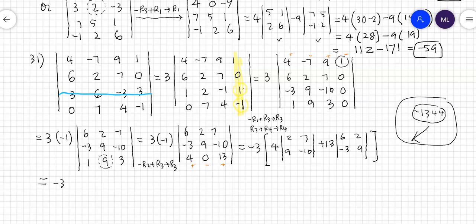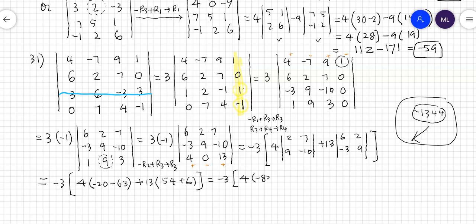So negative 3, 4 times negative 20 minus 63, oh my god, 13, and then 54 plus 6. So this is negative 3 times 4 times negative 83 plus 13 times 60.